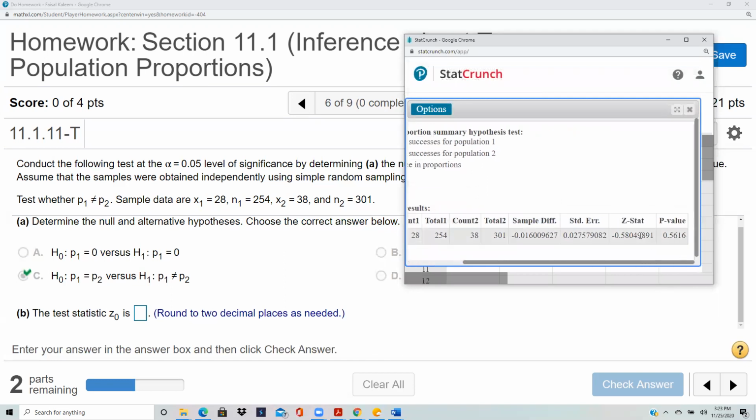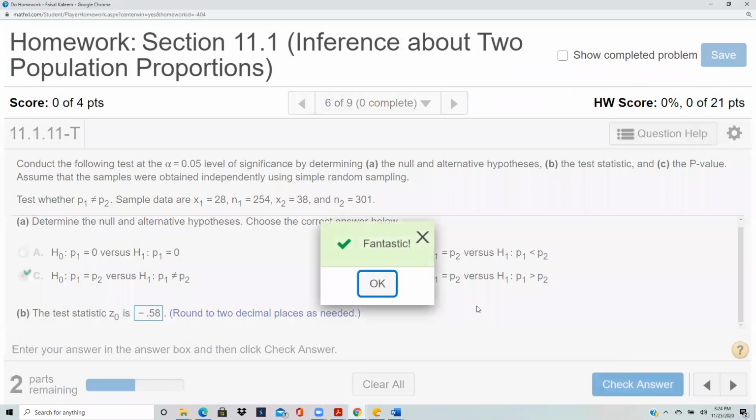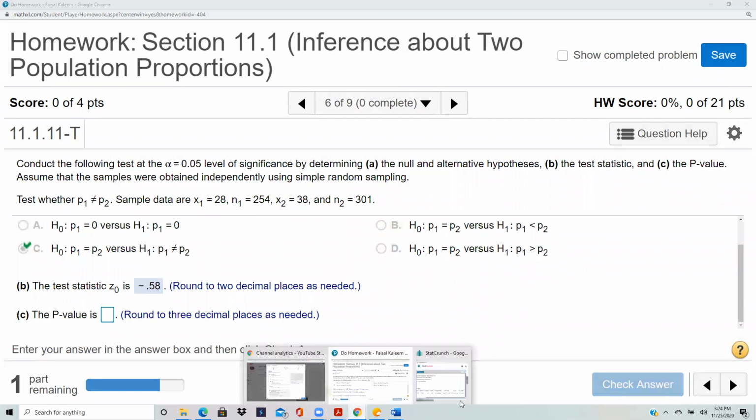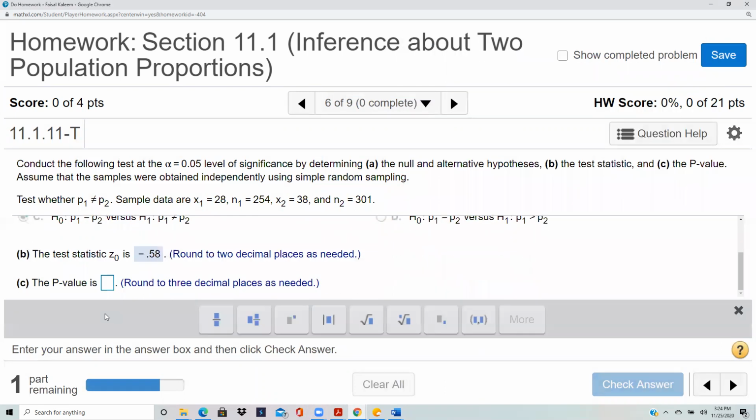So the test statistic is negative 0.58. And the p-value was also there, 0.5616, so 0.562.